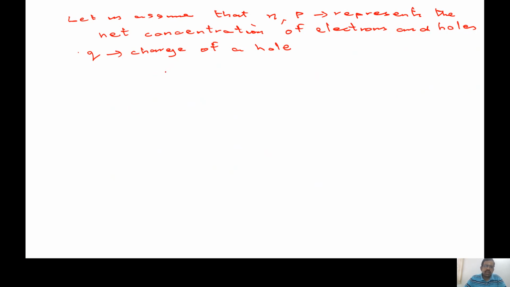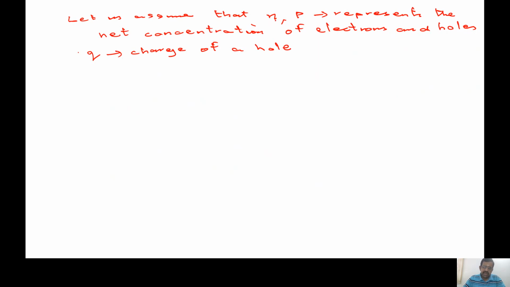Now, because concentration is always with respect to per unit volume, if I multiply this n with the volume, then I will be able to get the total charges present.